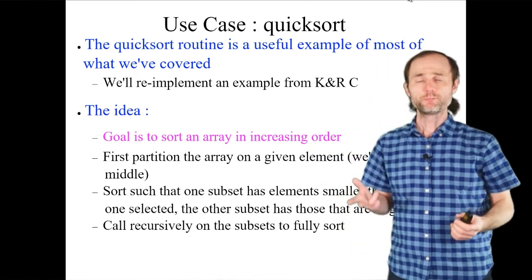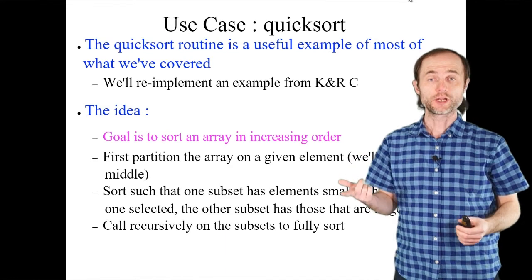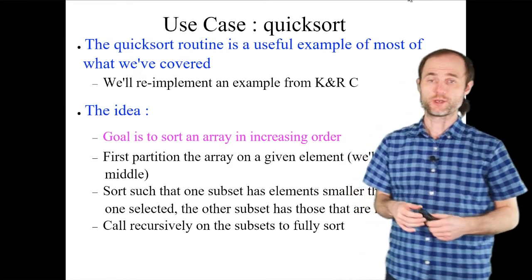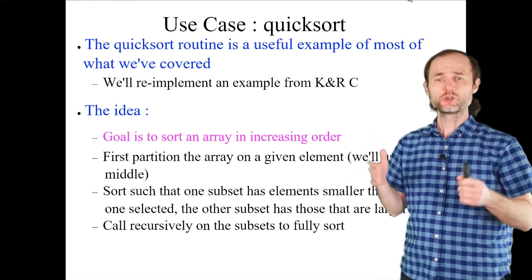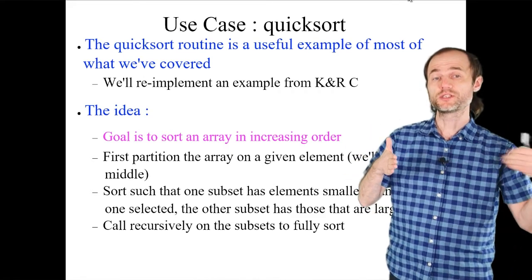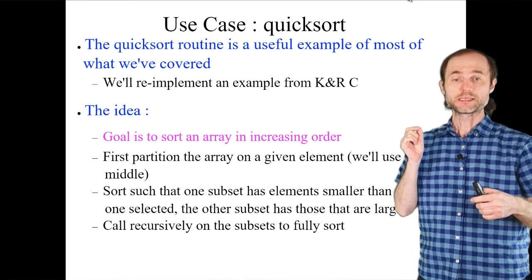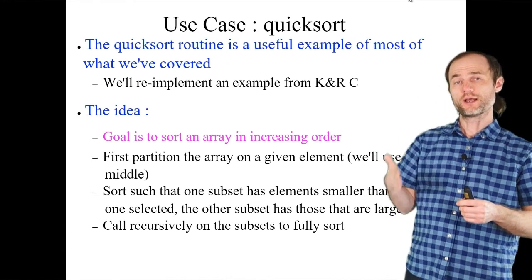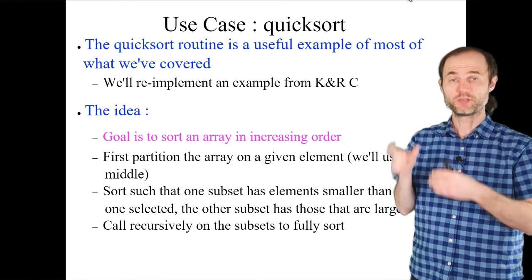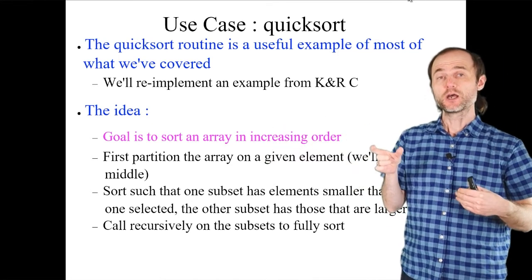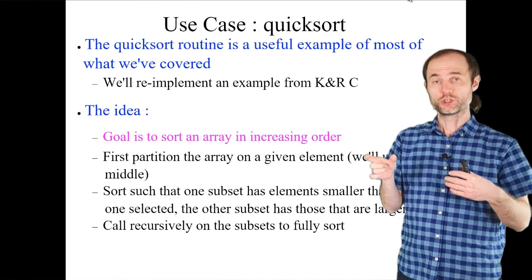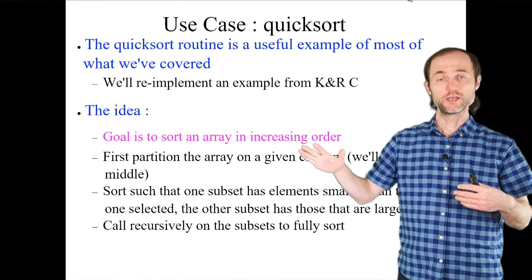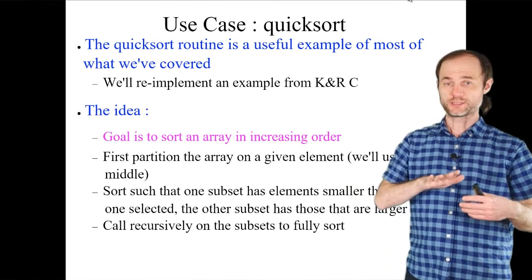So let us re-implement the quicksort algorithm from Kernighan and Ritchie's book on C programming. The idea is to sort the array in increasing order. And the way that this algorithm works is we will first pick an element, which we will pick to be the middle element of the array, and we're going to partition the array such that all the elements that are smaller will be on the left side, and the ones that are larger will be on the right side.